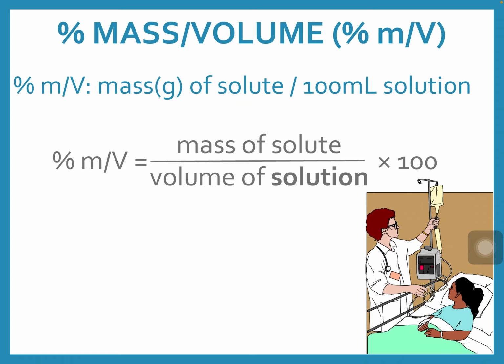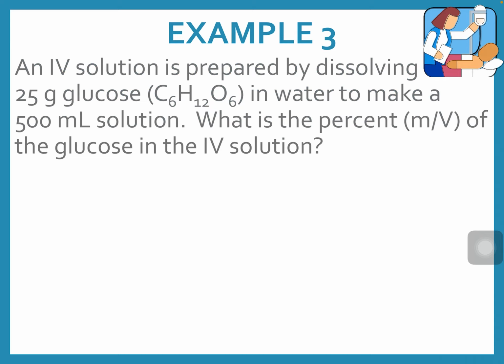So when I just take my mass of solute and divide by my volume of solution, in grams for solute and milliliters for solution, that is going to give me a mass per milliliter, and then by multiplying by 100, that will give me a mass per 100 milliliters. And the other thing is percent is just French for out of 100. So this is why we multiply by 100.